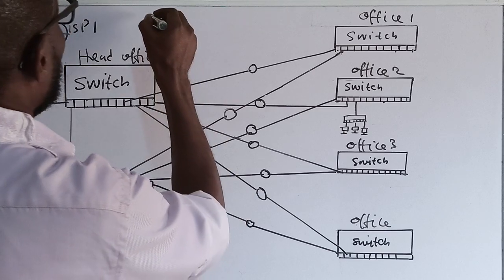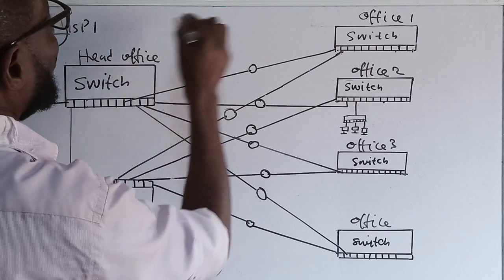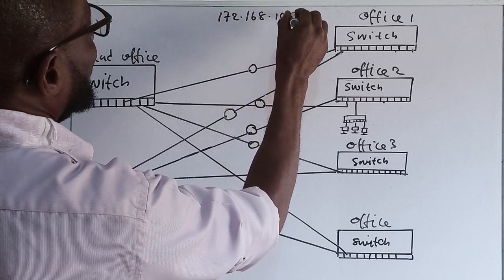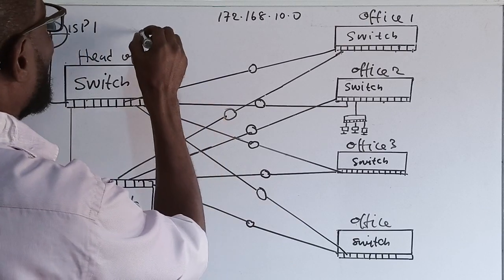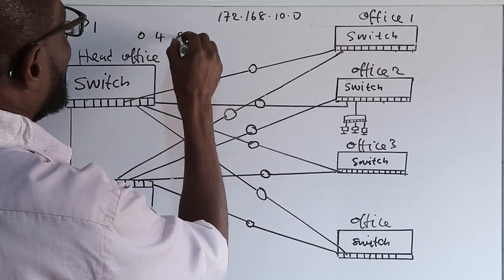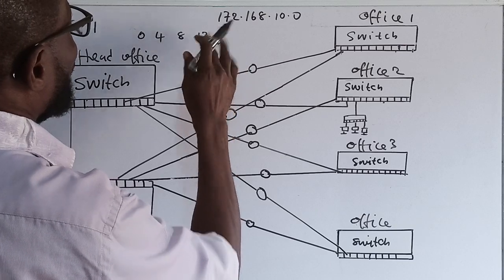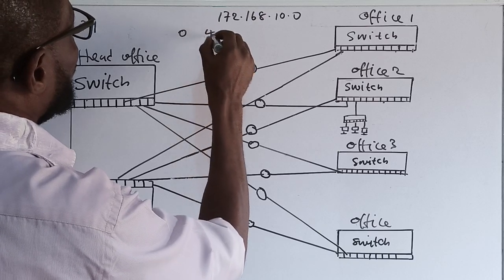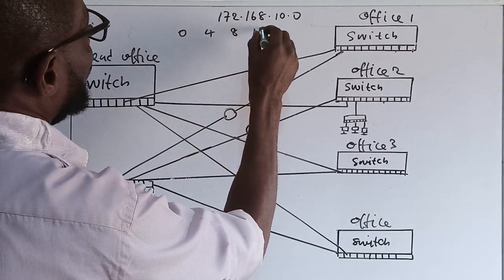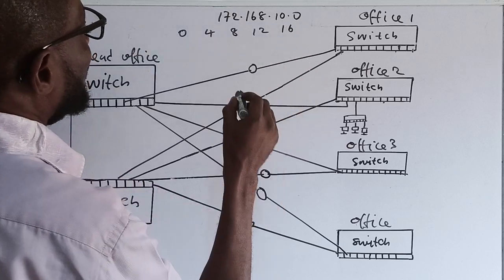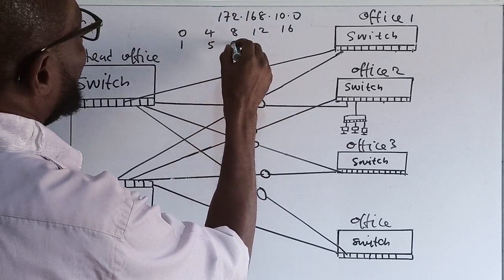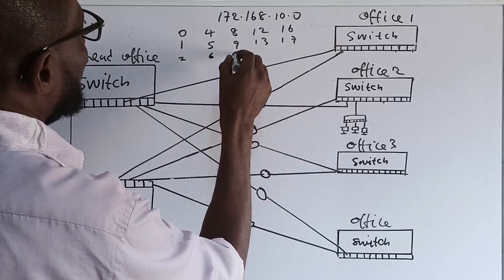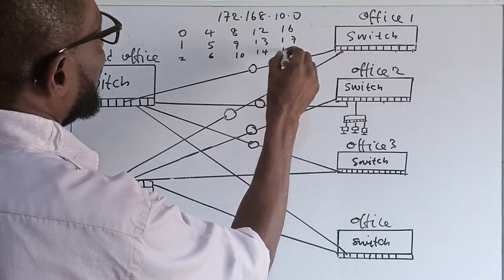So all you need to do here is, let's say we want to use this address. You design it in such a way that it will match this network by using a block size of 4: 0, 4, 8, 12, 16, and 1, 5, 9, 13, 17, and 2, 6, 10, 14, 18.